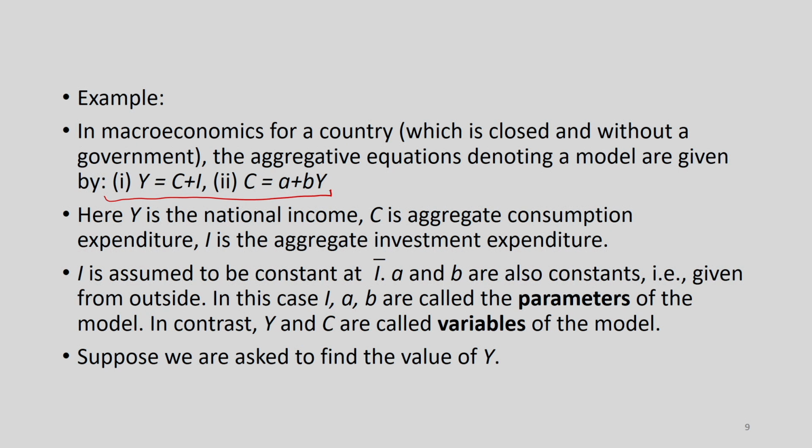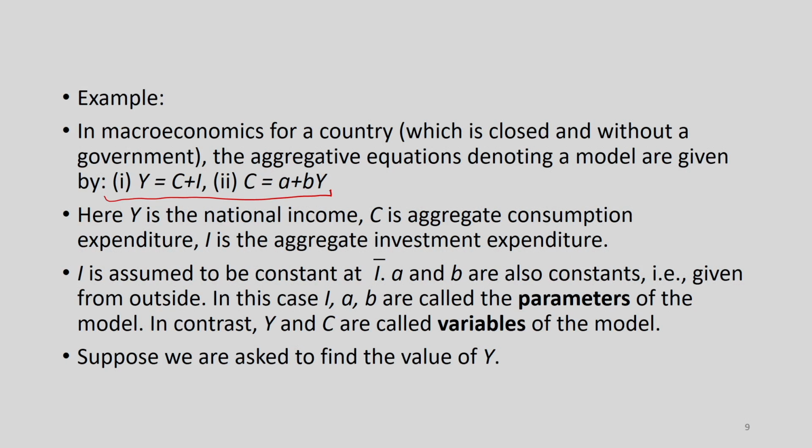In this case, I bar, a and b are called parameters of the model also. In contrast, Y and C are called variables of the model. There are some parameters which are given from outside, these are exogenous, and there are some variables which are determined by the model. Here Y and C are determined by the model, these are called variables.